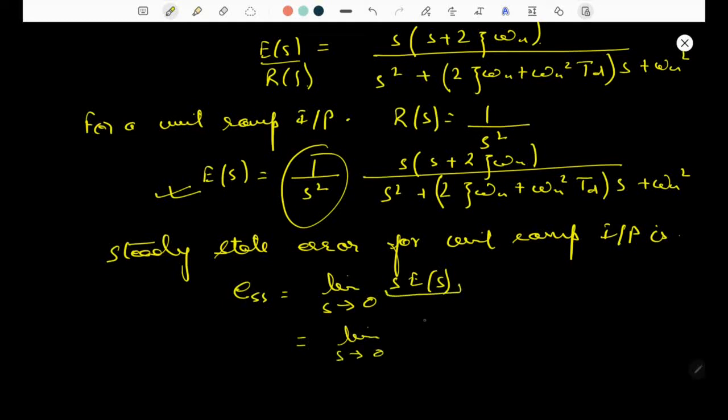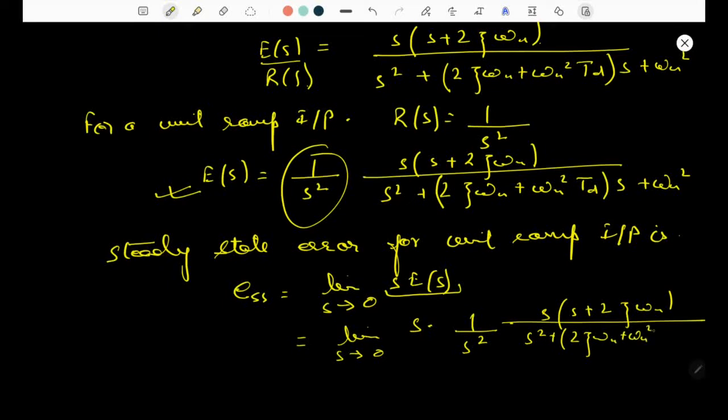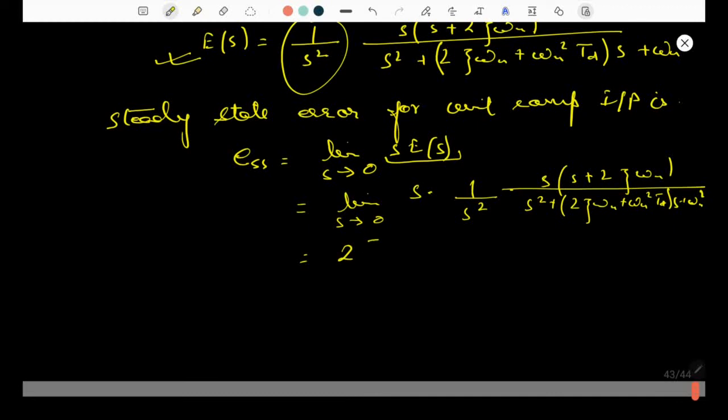We have E(s) in the above equation, just put it over here: s into 1 upon s square, into s into (s plus 2 zeta omega n) divided by s square plus (2 zeta omega n plus omega n square TD) s plus omega n square. When we put in this value, we will get 2 zeta upon omega n. So this is the steady state error.